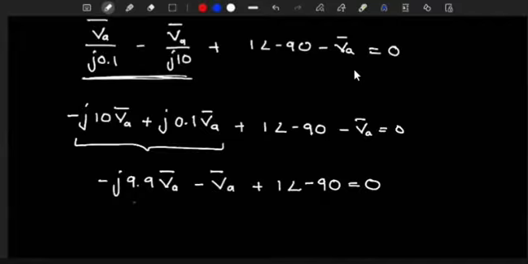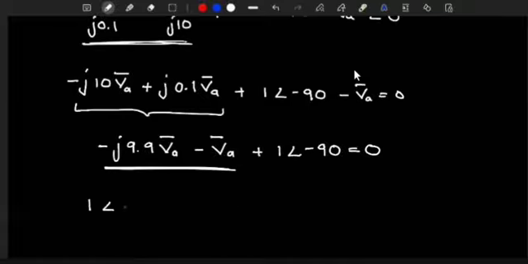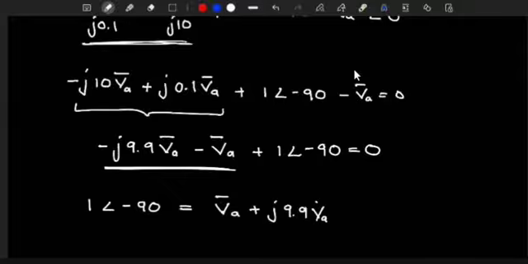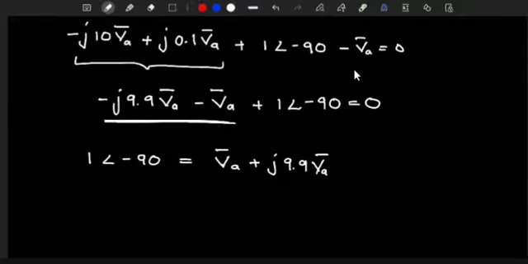Then I'll factor out VA. I can take this first to the right side, and I'll have this minus 90. On the right side, this will be positive VA, then positive J 9.9 VA. I'll rearrange and factor out VA.